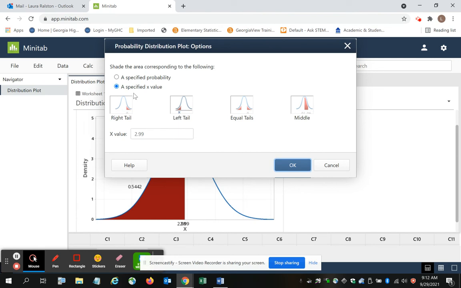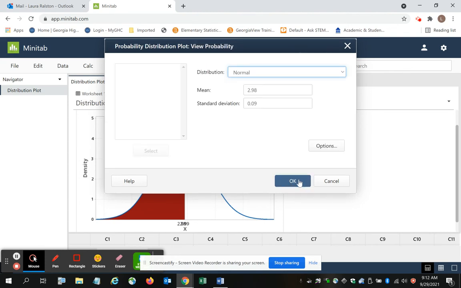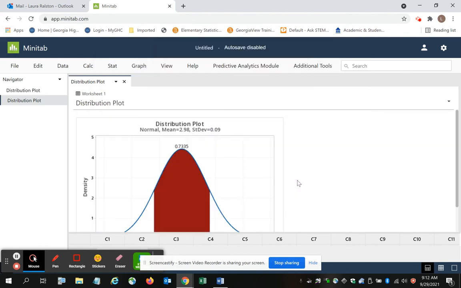I am using a specified X value. I'm in the middle, and I'm between $2.88 and $3.08. Guys, when you enter these X1, X2 values, make sure you enter the lowest value first and the highest value second. You always read your graph left to right. I click OK.